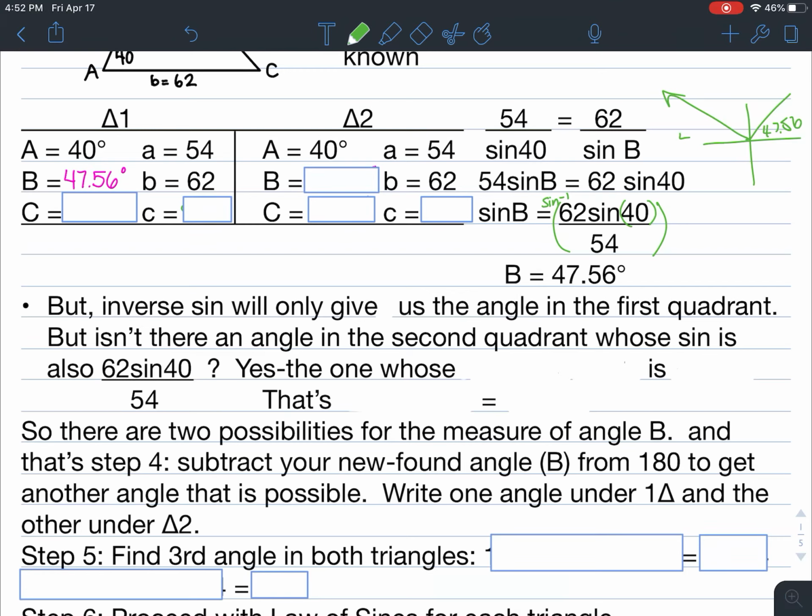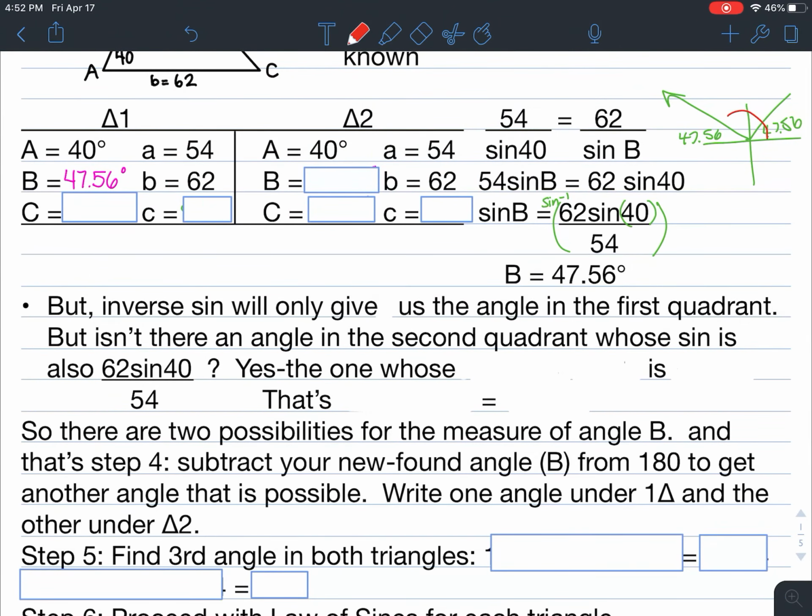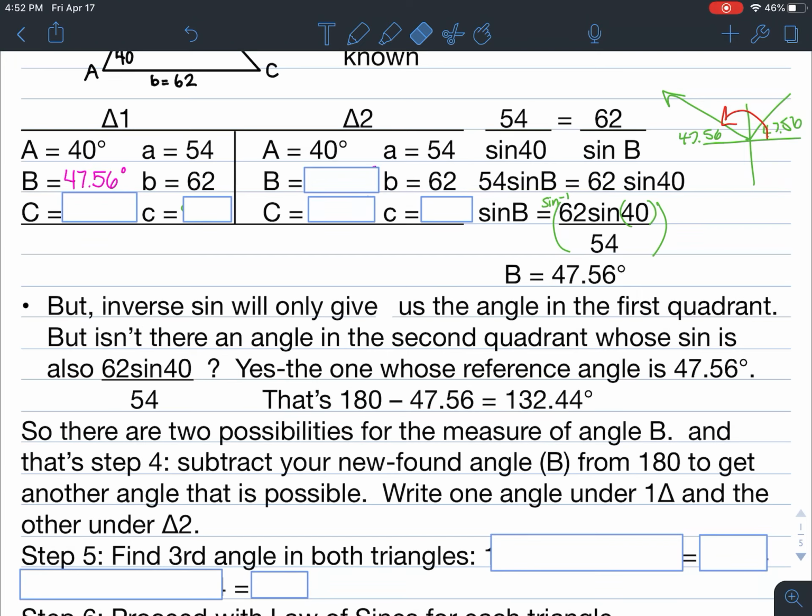There's another angle over here that also has a reference angle 47.56, and that's the one we need. We would get that by subtracting 180 minus 47.56, and we would get 132.44.